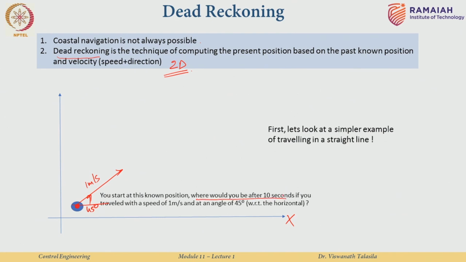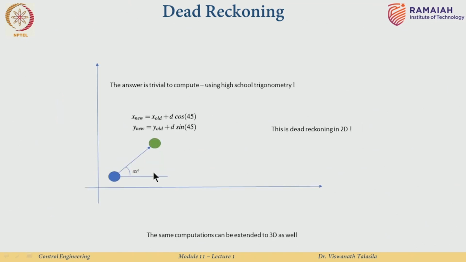Now, this is very easy to calculate from trigonometry, right. So, if you call this initial position x old and y old, we know from trigonometry what these two coordinates will be, right. I encourage you to try this before you move on to the next slide. And it basically follows from the basic trigonometric relations of this one, where d is basically the distance which is travelled.